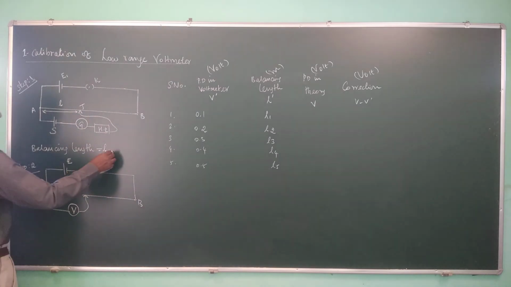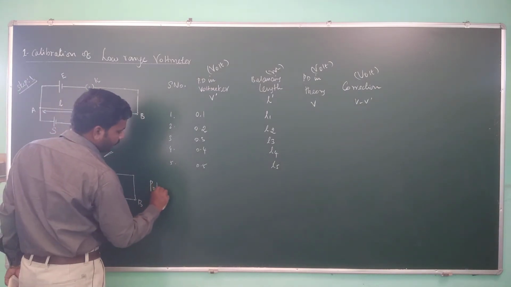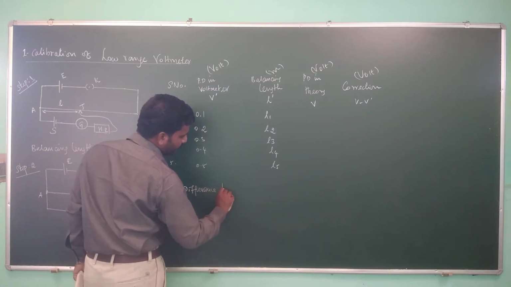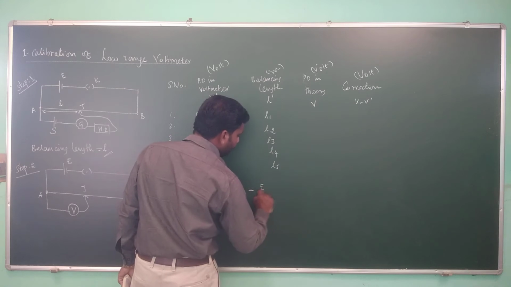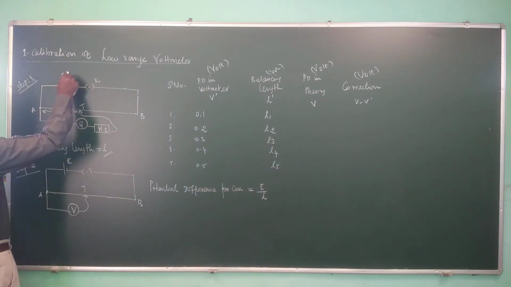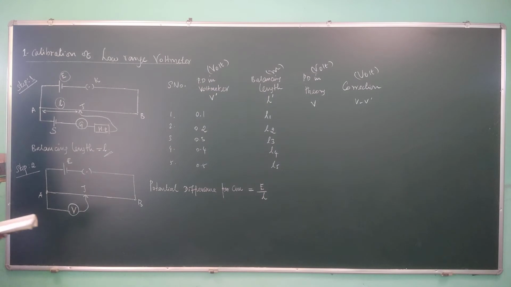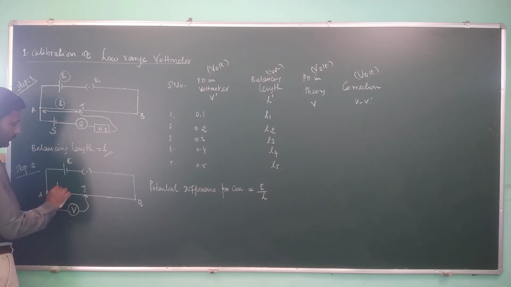Now you see, here we have calculated the balancing length L, and this is the applied potential E to this voltmeter, so using these two we can write the potential difference per unit length, that is E by L. So this value is E and this balancing length is L, so we can write E by L. Now theoretically, we have set 0.1 volt for the first case and for that we have L1, and for 0.2 volt, L2.